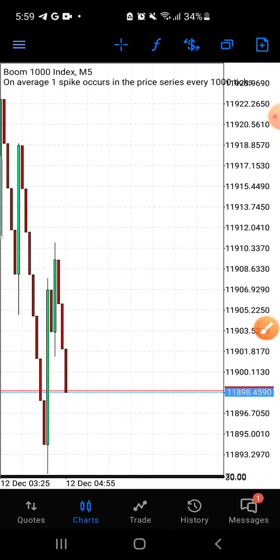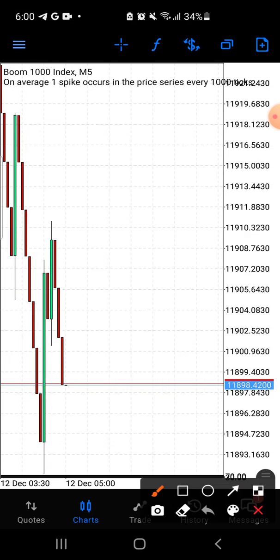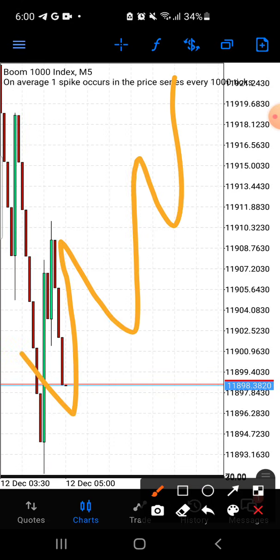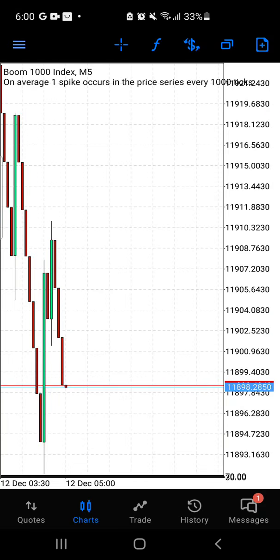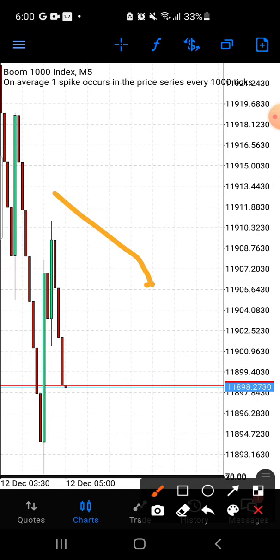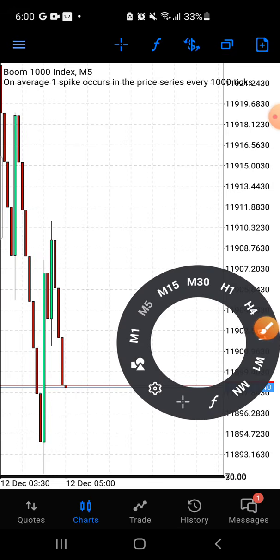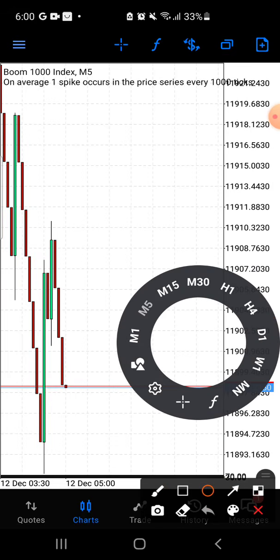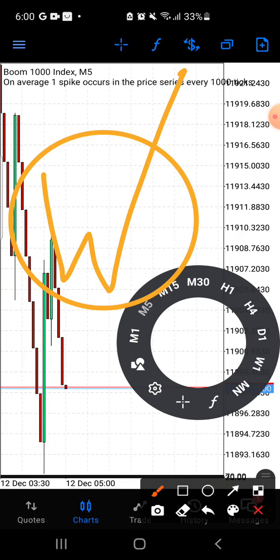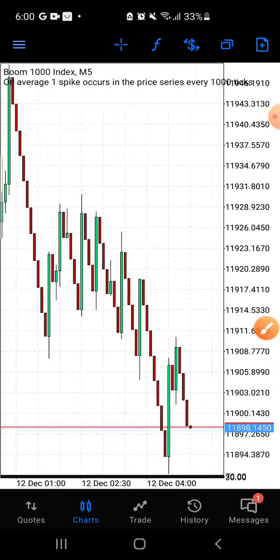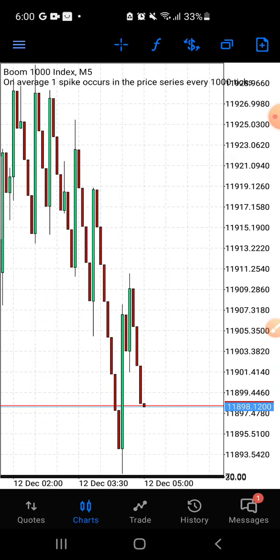That's all. If the price is trending up, you go to a lower time frame and look for double bottom to buy, right? That's basically the example or the whole thing about the strategy.